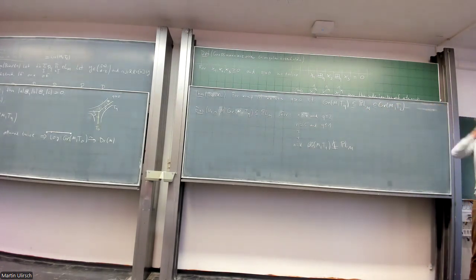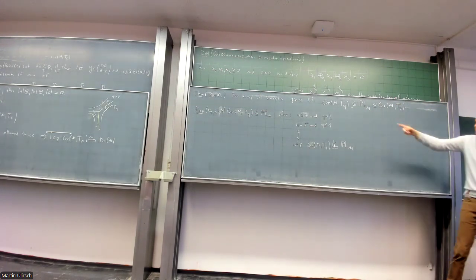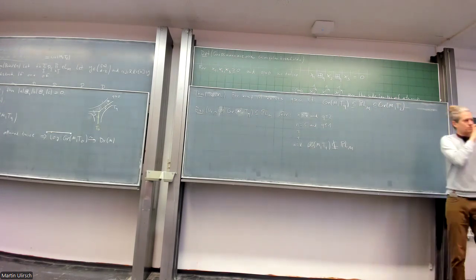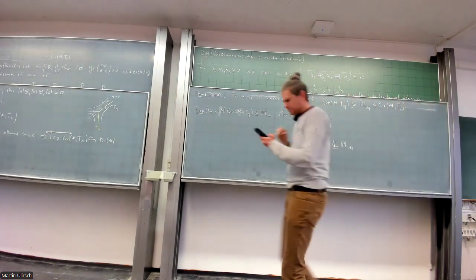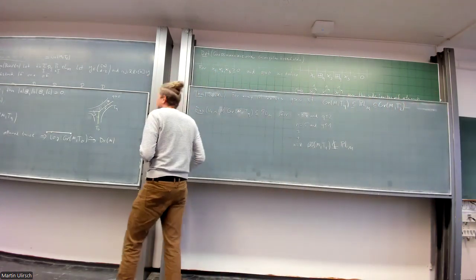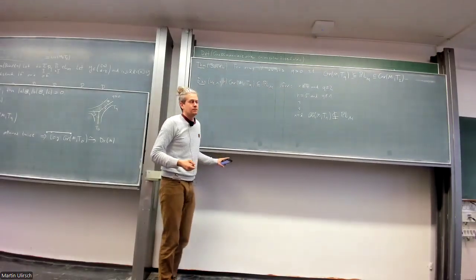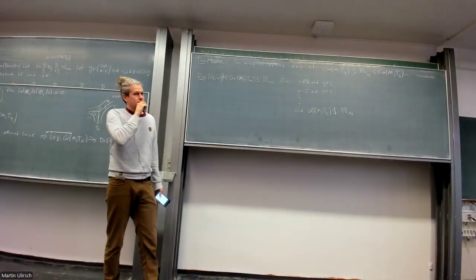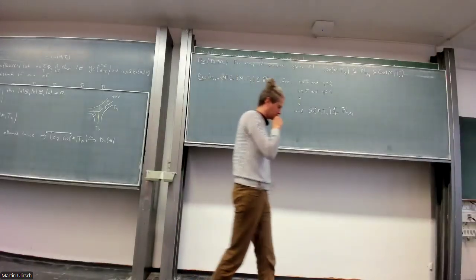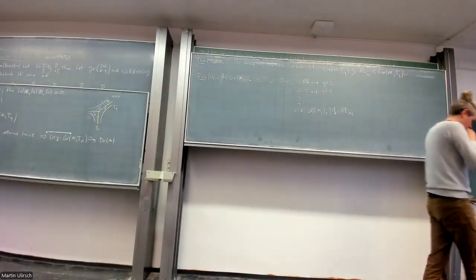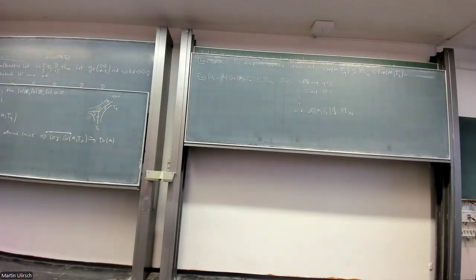So at these rays, there will be a gap between the supremum q and this. Boundary intersections, I would say yes.